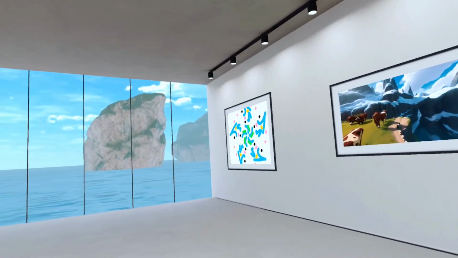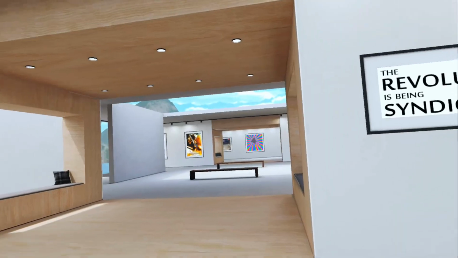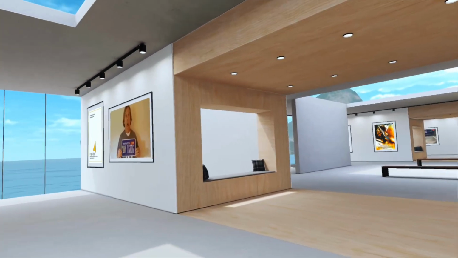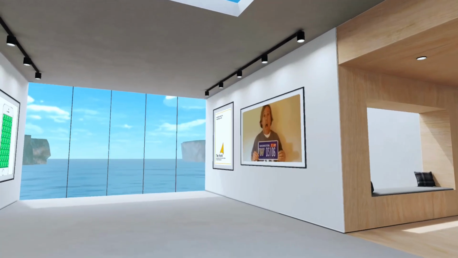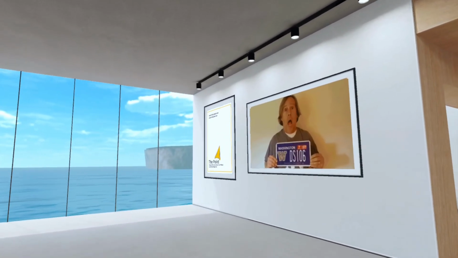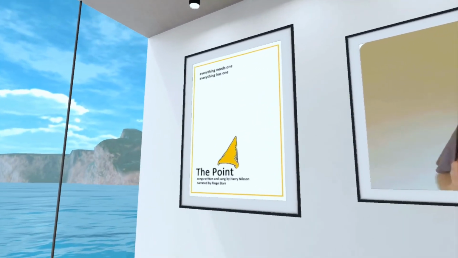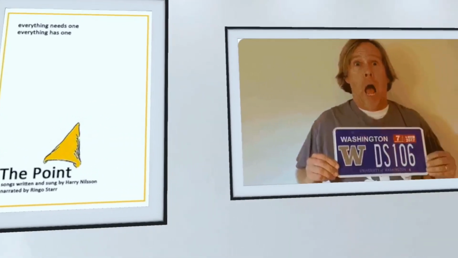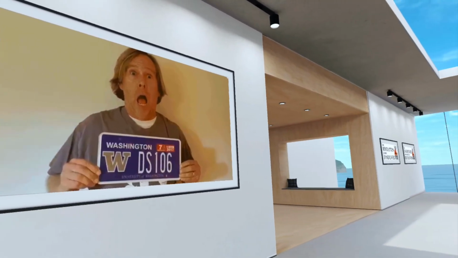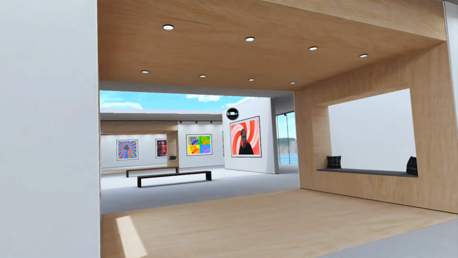My goal here is to have an artist explain, as an avatar standing next to these pieces of art, a little bit about what the art represents to them, or perhaps how they created it. So that's my goal here with the art gallery in Spatial I/O.